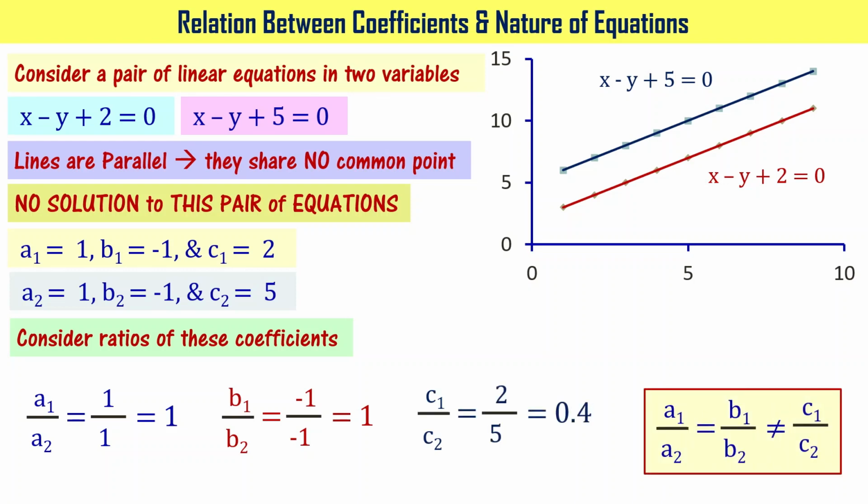It means a1 by a2 equal to b1 by b2, but that is not equal to c1 by c2, right? When you have parallel lines, there exists no solution for the given pair of equations, and the coefficients of these equations relate as a1 by a2 equal to b1 by b2, but that is not equal to c1 by c2. Please take a note of this.